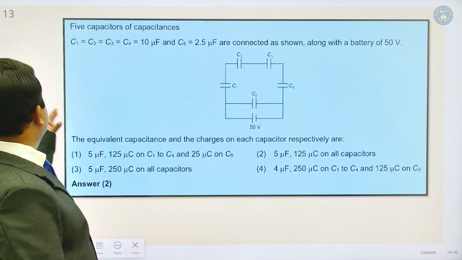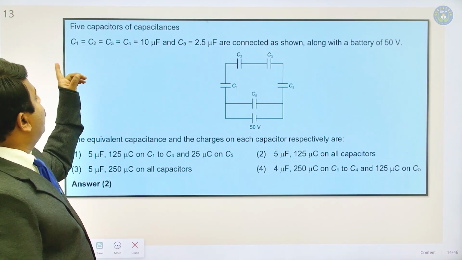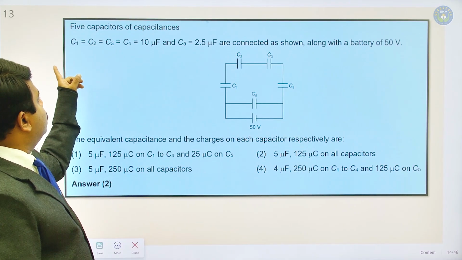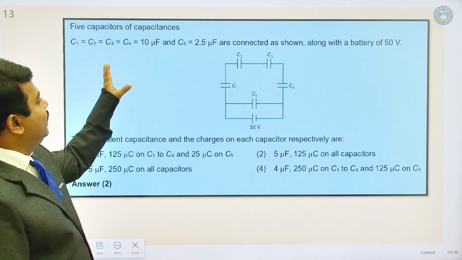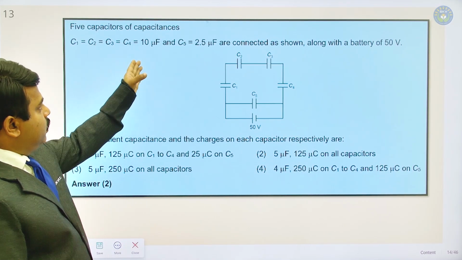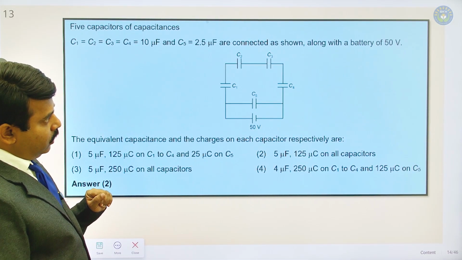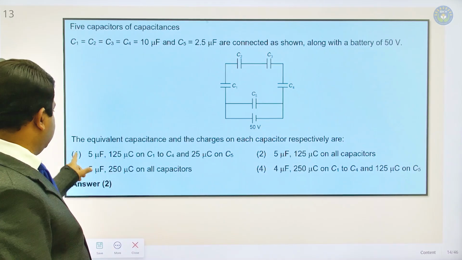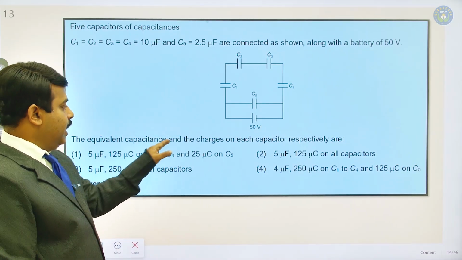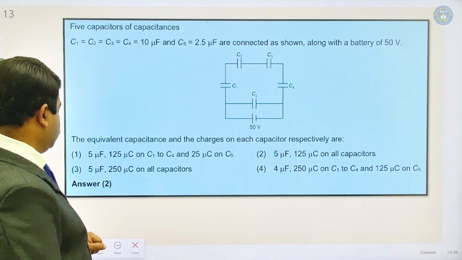Now let us do question number 12. Five capacitors of capacitance C1, C2, C3, C4, each of 10 microfarad, and C5 equal to 2.5 microfarad are connected as shown along the battery of 50 volt. The equivalent capacitance and charge on each capacitor respectively are?